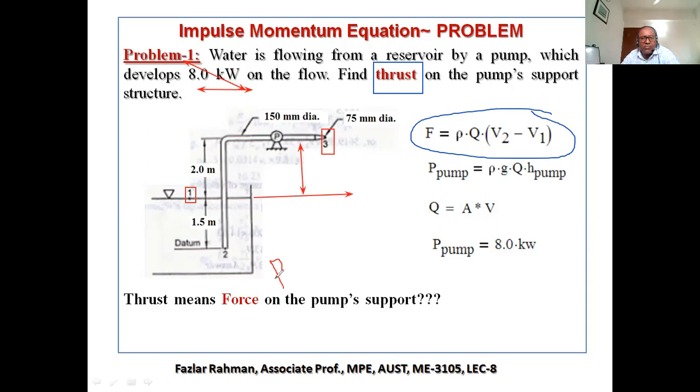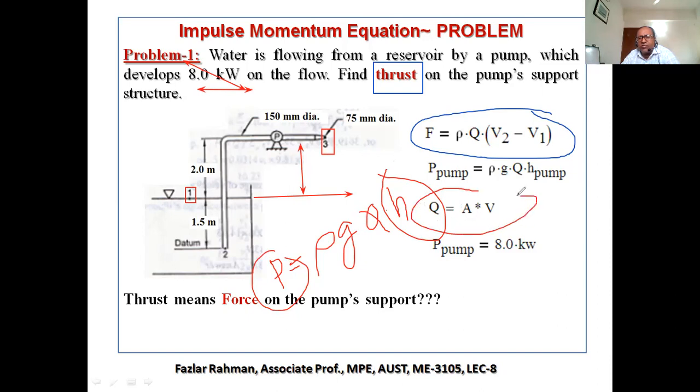Power of the pump or turbine equal to rho G Q into H. This power is given. This is head of the pump H. With Bernoulli's equation, these two equations you can solve. V1 is 0, obviously, so you'll get V3. You got V3, then directly you can figure out the Q, then figure out the force.